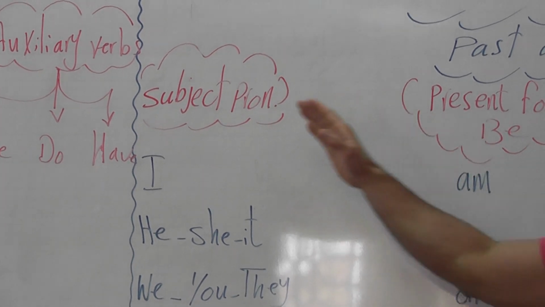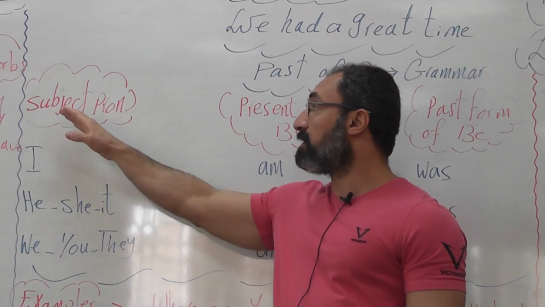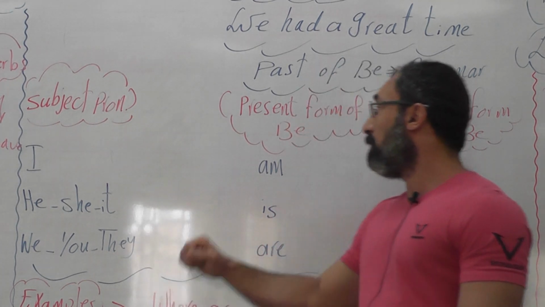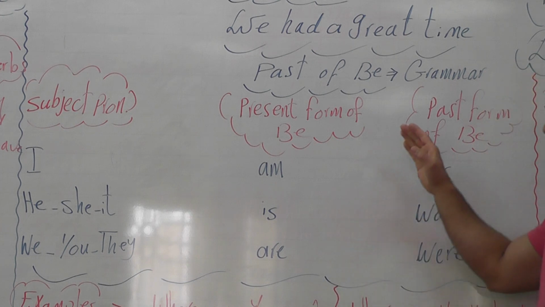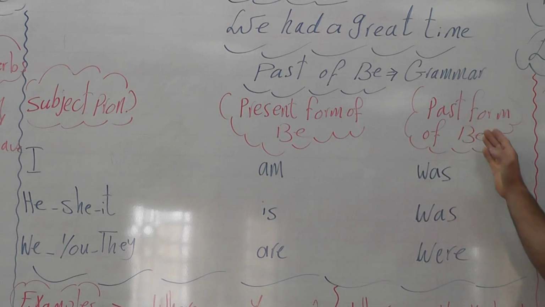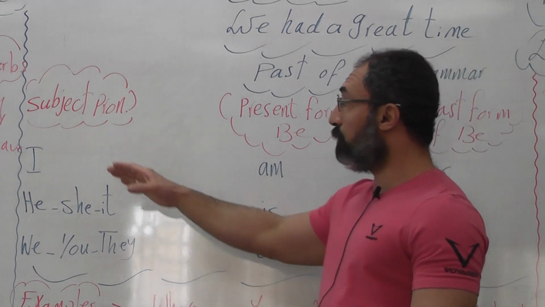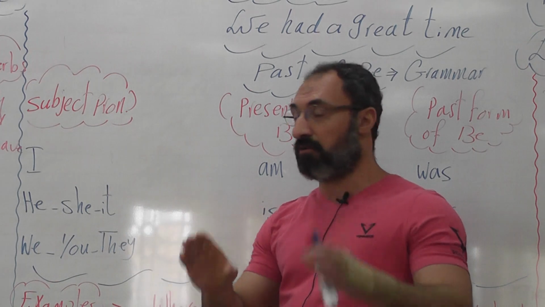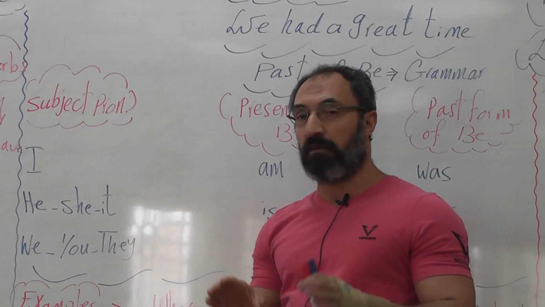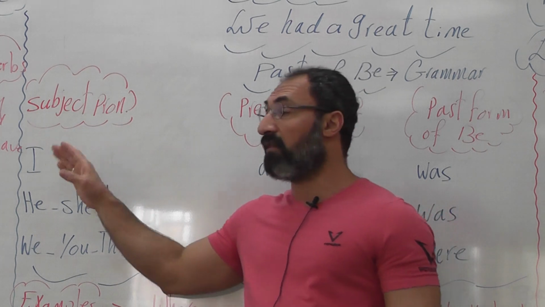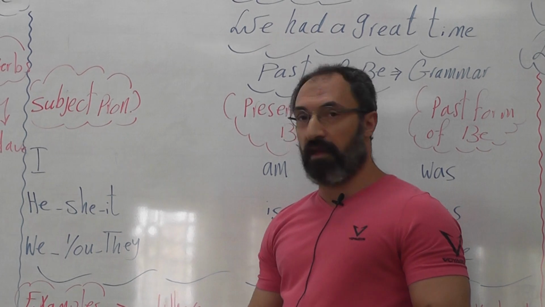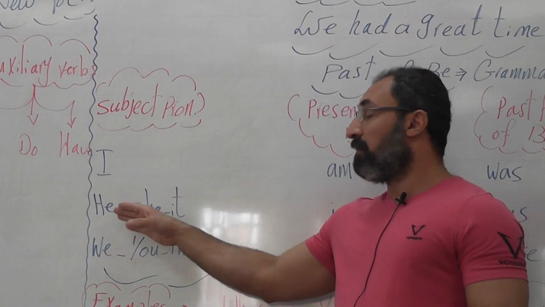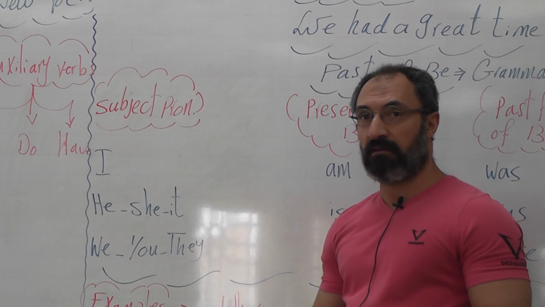In the middle of my whiteboard, we have three columns. As you see, the first column is assigned for subject pronoun. Then the present form of be. Last, we have the past form of be, which is our topic for today. As for the subject pronoun, as you know, we have 7 pronoun subjects. The first one is the one that you might use to talk about yourself, I. Then we have 3 singular subject pronouns.